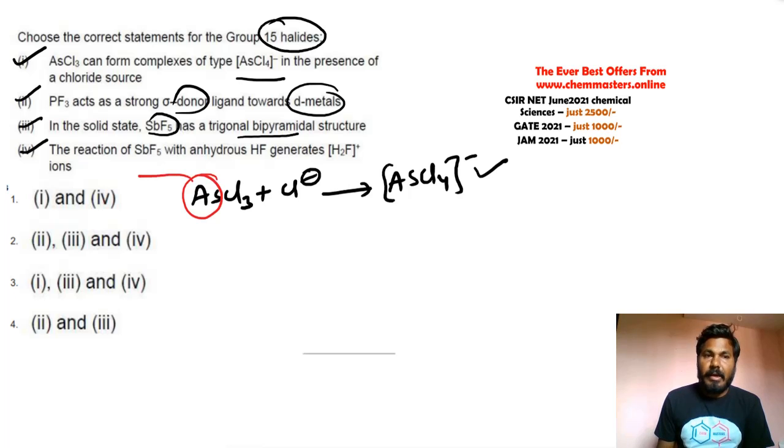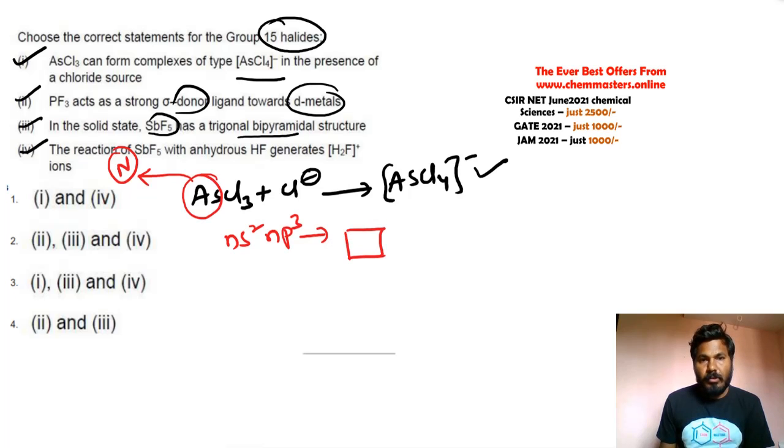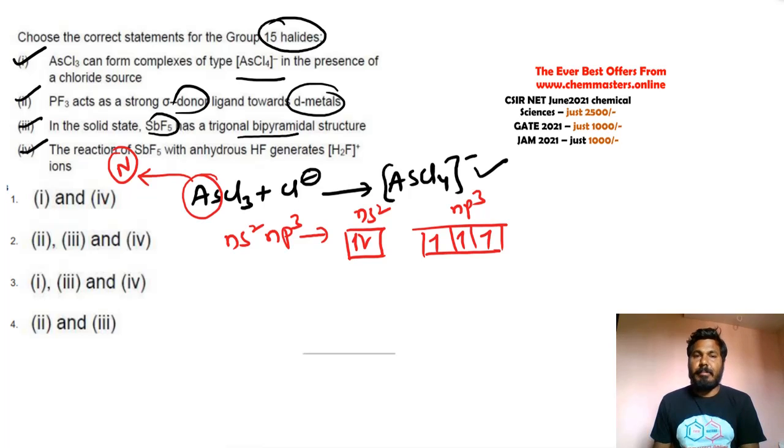We know that arsenic belongs to the nitrogen family, which has the valence electronic configuration ns2 np3. So just try to take the orbitals here. One is paired in that ns2, and in np3 there are single electrons in each orbital.